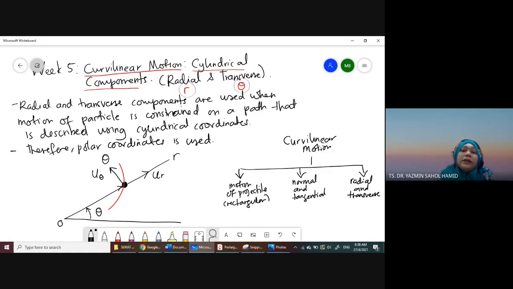The key point in the subject dynamics is that you understand the lesson plan and the topics, and when you get the exam questions, tests, assignments or whatever assessment, you have a look at what is required for you to do. You have to decide which is the best coordinate system to use, because in the question they will not tell you whether to use motion of projectile, normal and tangential, or radial and transverse for curvilinear motion.